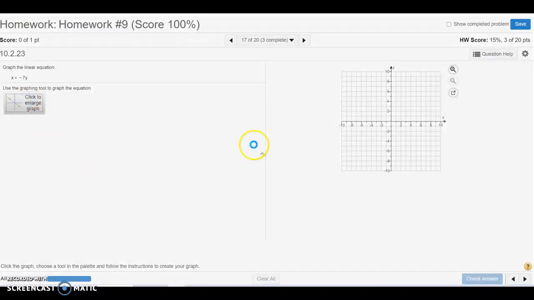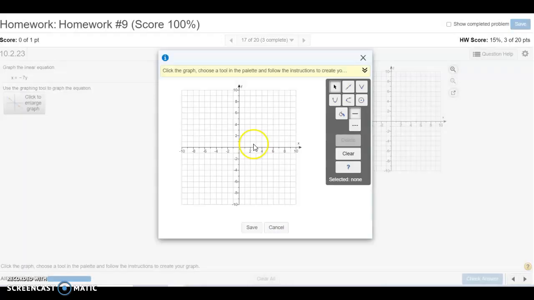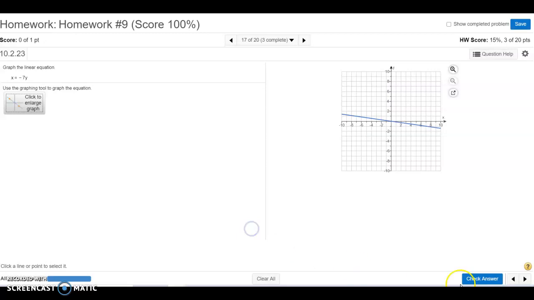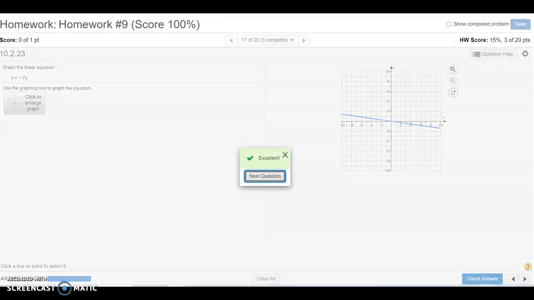Click to enlarge the graph. 0, 0 was 1 point. That's the origin right here. And -7 in the x, and 1 in the y was my other point. Save that, and check the answer.